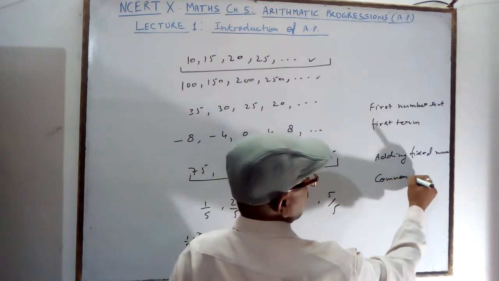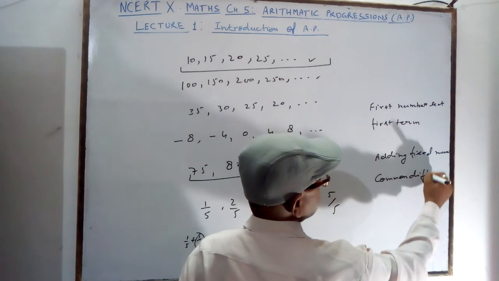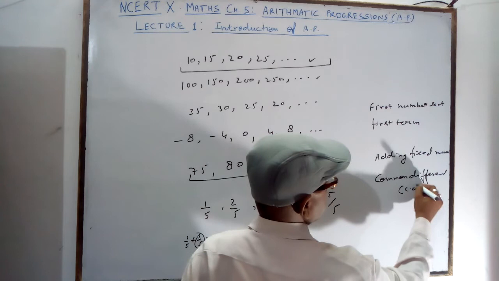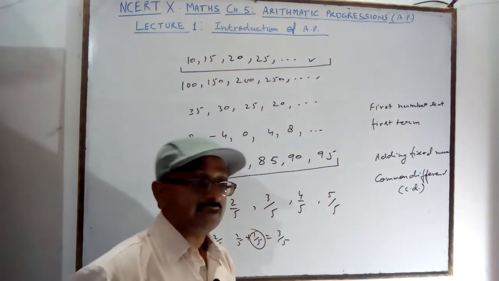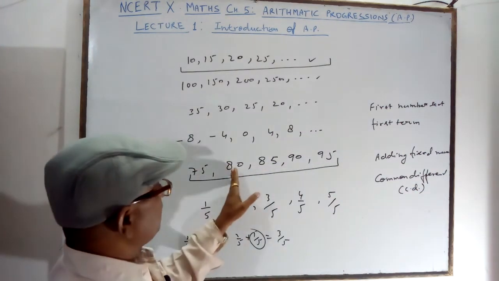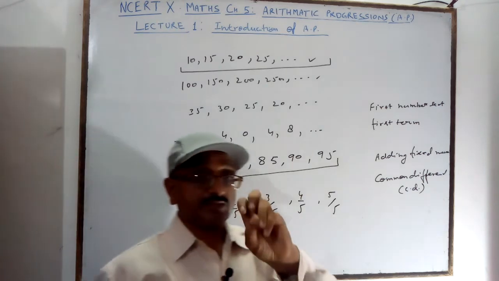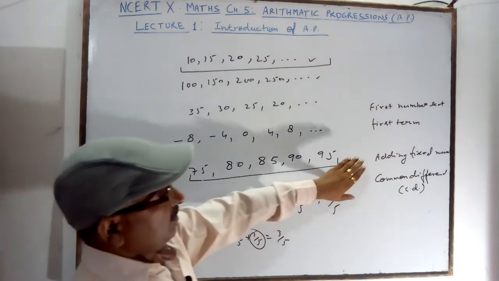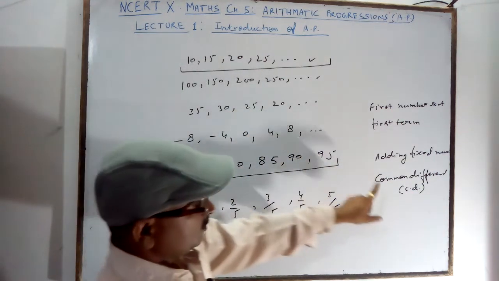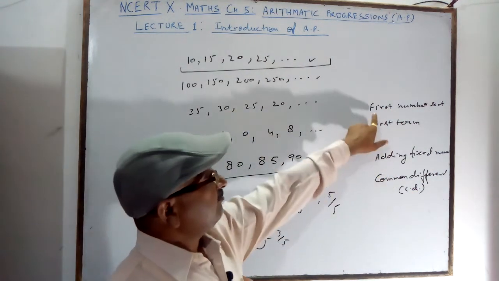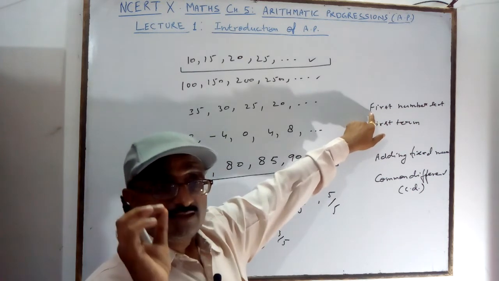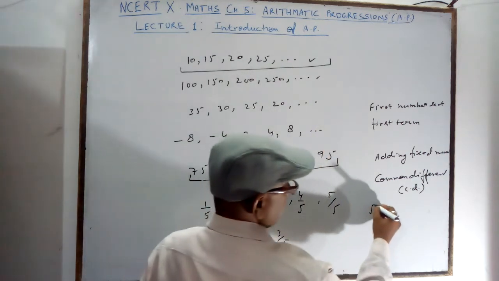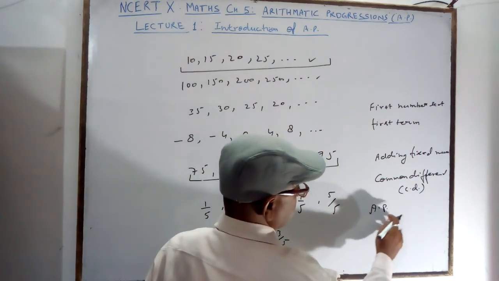It is called CD or simply D. The common difference between each two consecutive terms is always the same. AP is the short form of arithmetic progression.